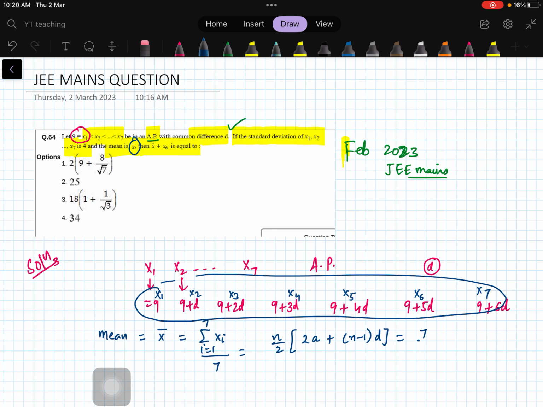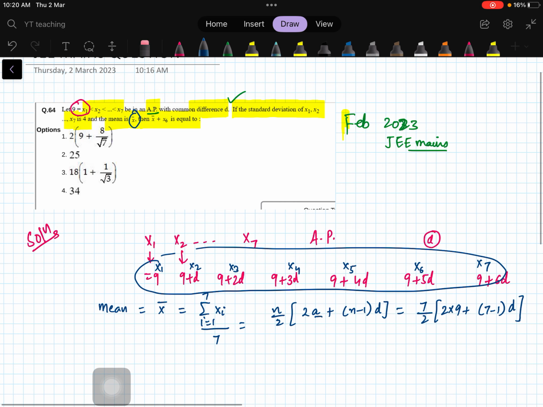So n is 7. So 7 by 2, 2 into the first term 9, plus 6 into d, divided by 7. You see this 7 and 7 cancel, 2 also cancels, so you'll get 9 plus 6 divided by 2, that will be 3d. So this is my x bar.